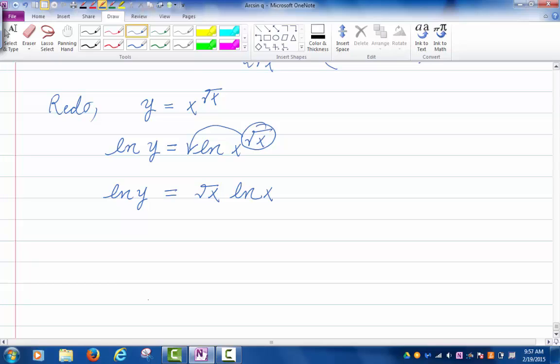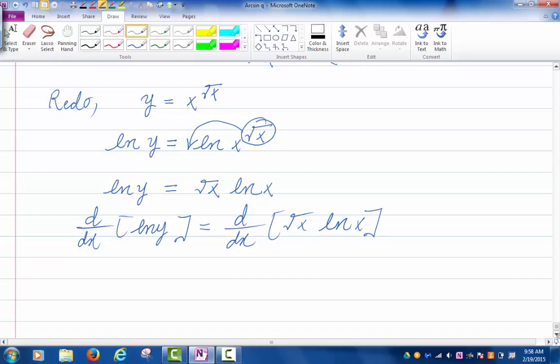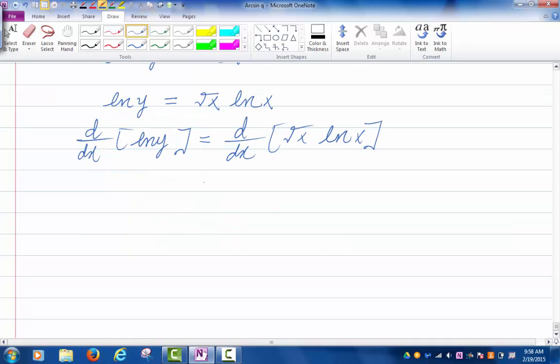The derivative on the left hand side is 1 over y times y prime. And I have to solve for y prime. So what is y prime? y prime would be y, and within brackets I have 1 over root x plus ln x over 2 root x. So I get y prime.